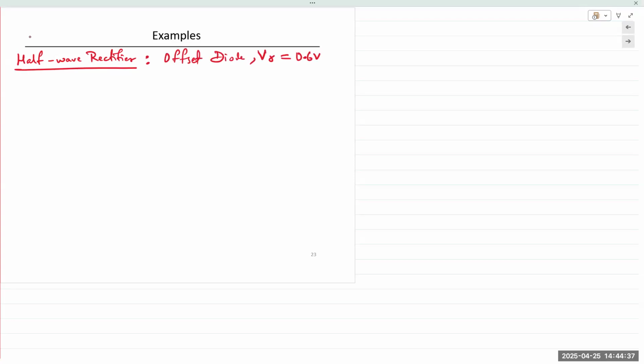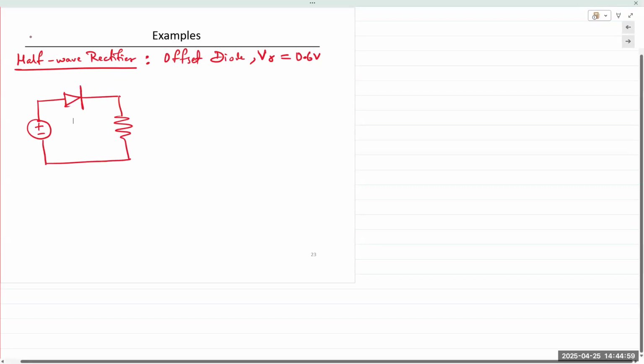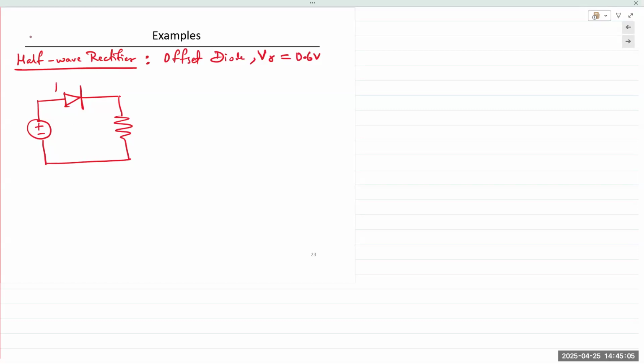So the standard half wave rectifier always looks like this. So we have V gamma.